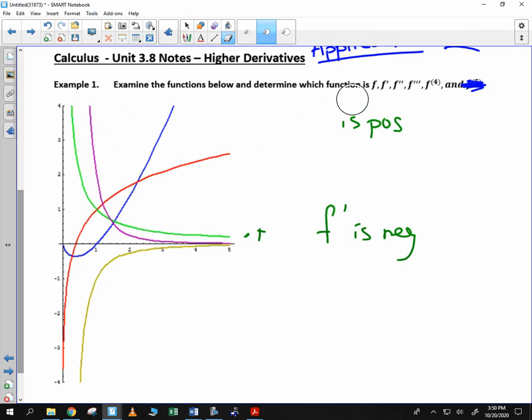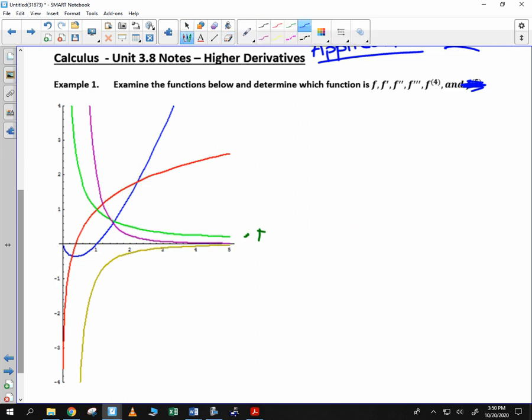But what I like to do is this. I like to look at where things cross the x-axis and where derivatives are 0. So the blue one crosses the x-axis there, and the red one crosses the x-axis there. And the blue one has a derivative equal to 0 right there.